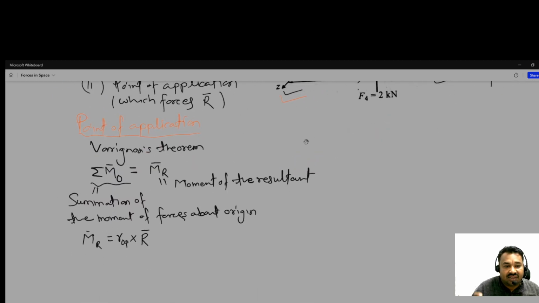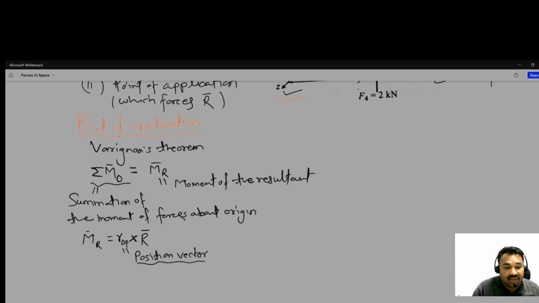Okay, so for that, this is the resultant, multiplied by cross. So this is the cross product, and ROP is the position vector. Then we should know the coordinates of P, the position vector.